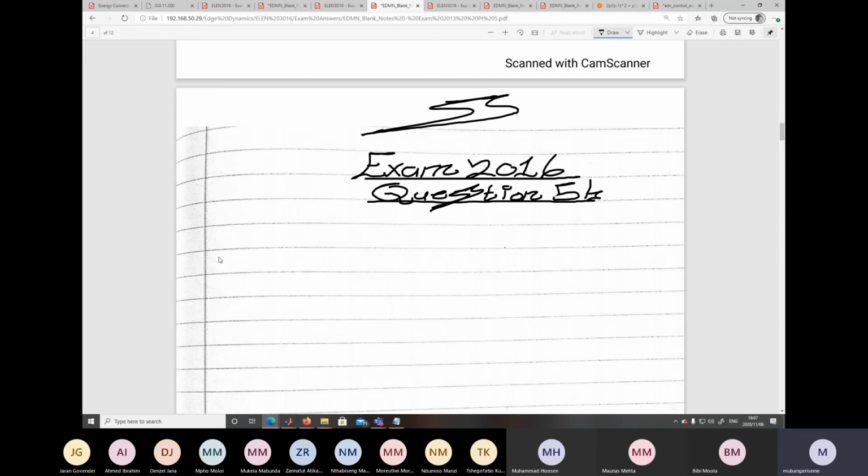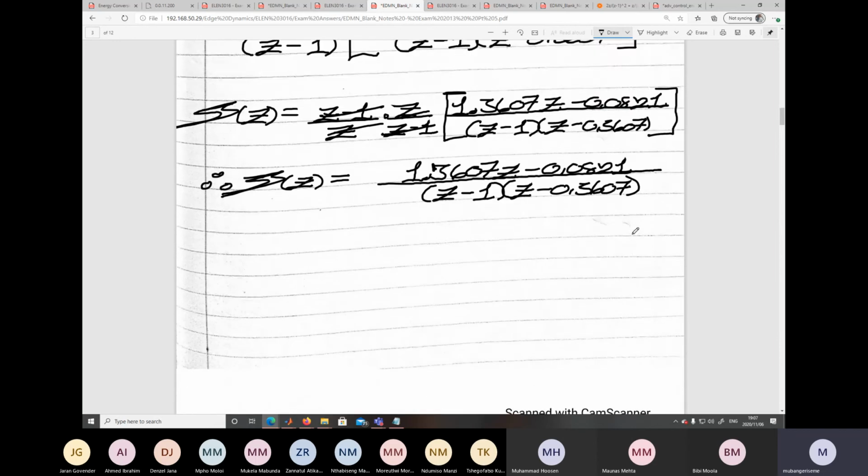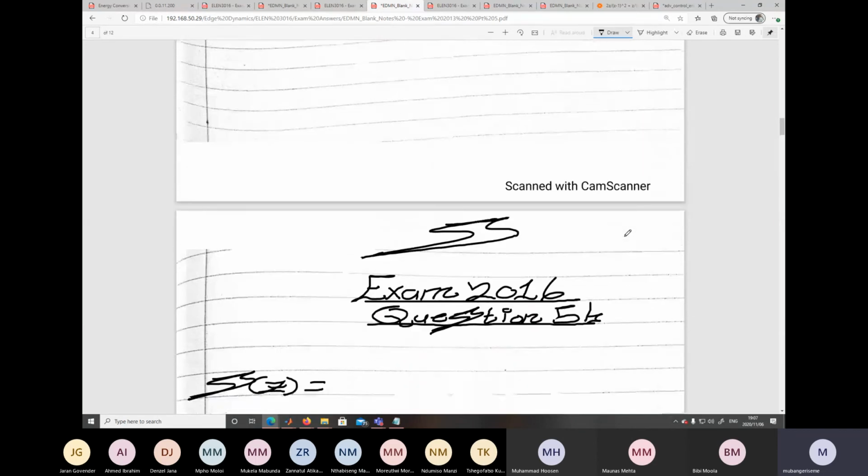Okay. So insignia of Z, let's just multiply this out so we can better see the coefficients.